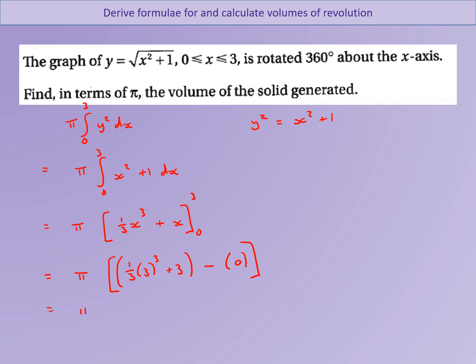So here we get pi multiplied by a third of 27 plus 3. This gives us 9 plus 3 pi, so 12 pi.